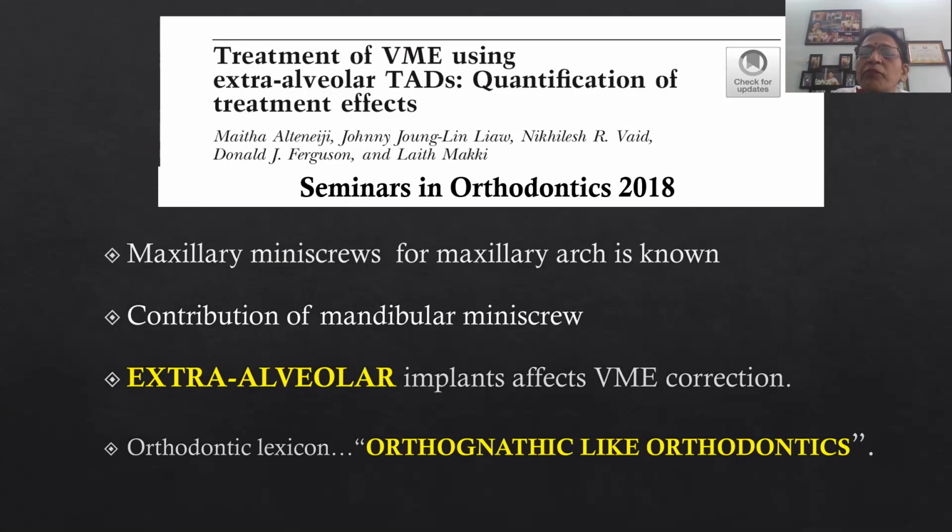Another concept put forward is extra-alveolar implants, which will not interfere in the tooth movement and from which forces can be given for intrusion of the maxilla and intrusion of the mandibular dentition. And a very beautiful term they have given is orthognathic-like orthodontics, meaning orthodontics simulating orthognathic surgery.